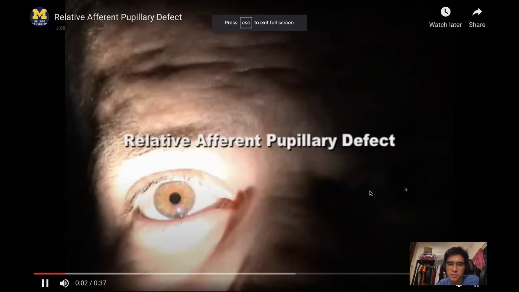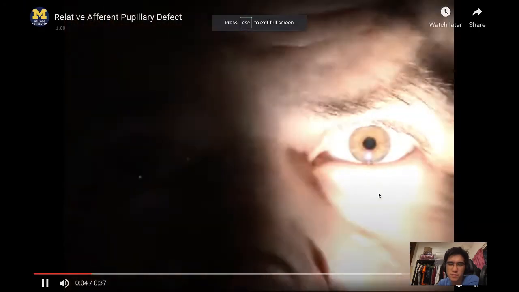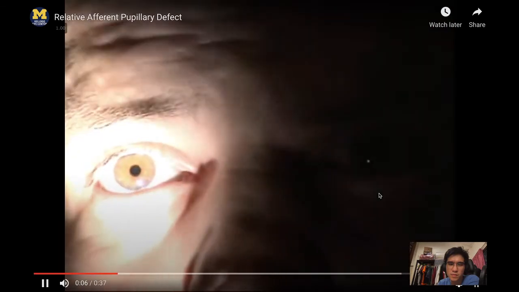RAPD. In this patient, you will see that the right pupil consistently dilates as the light is swung toward it. This dilation is called a relative afferent pupillary defect. It usually signifies that an optic nerve lesion is present on the side of the dilating pupil.